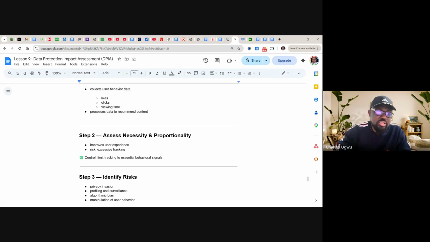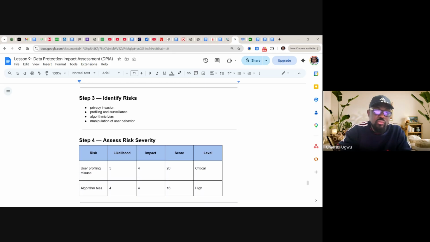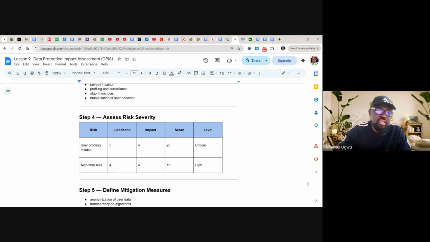And identify the risks involved: privacy invasion, profiling and surveillance, algorithmic bias, and manipulation of user behavior. These are the risks involved, and we assess the risk level.